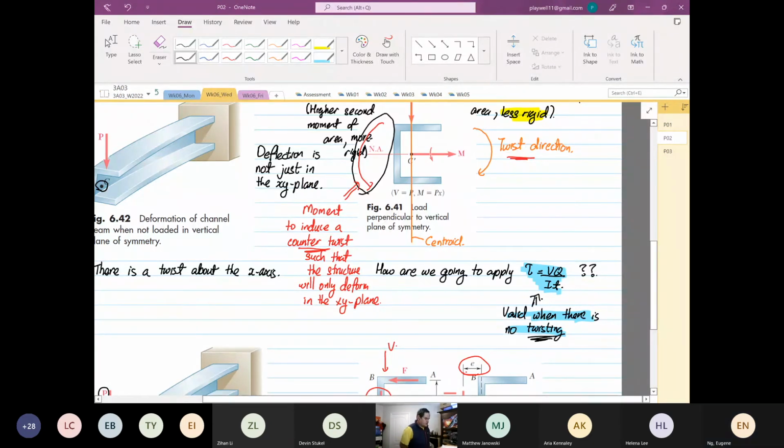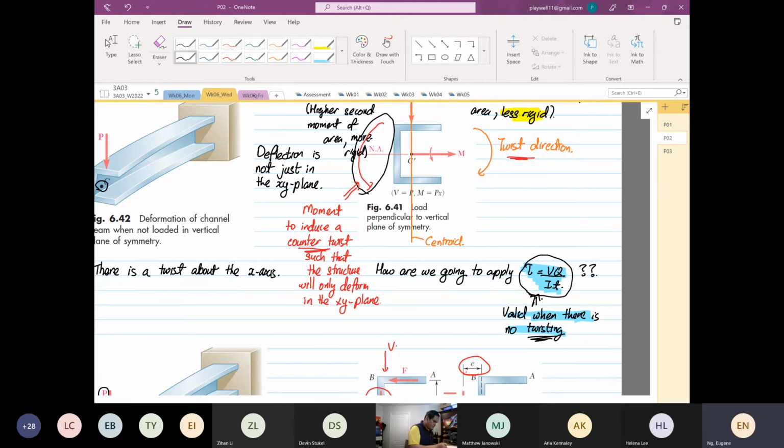When you induce a counter moment by applying Newton's third law, action equal reaction, same magnitude, opposite direction, you eliminate the twist. You get rid of the twist. So once you get rid of the twist, we go back to be able to apply the same equation over here. So that's where we last finished off.